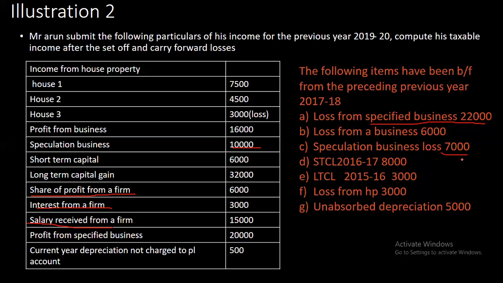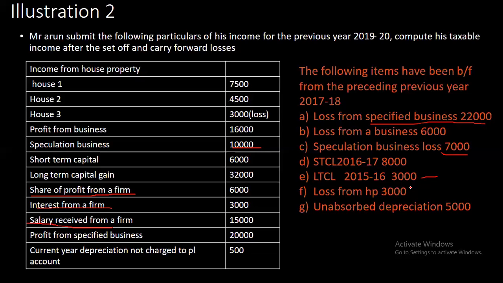Then long-term capital loss in the year 2015 and 16 can be brought forward for 8 years, without any limits, and set off against the income from capital gain. It's around 32,000. So 32,000 minus 3,000 is 29,000 rupees.